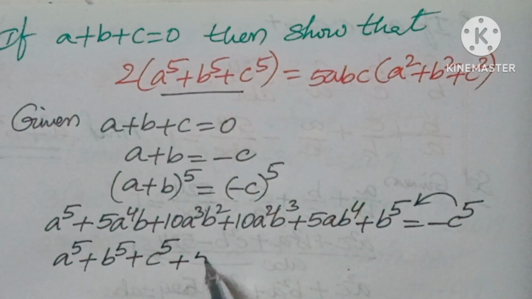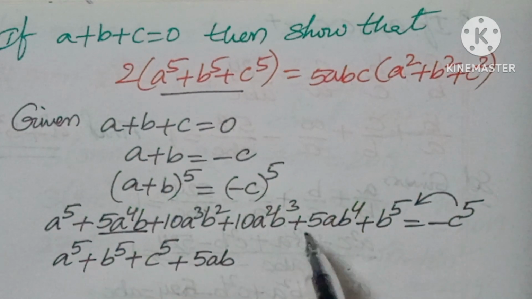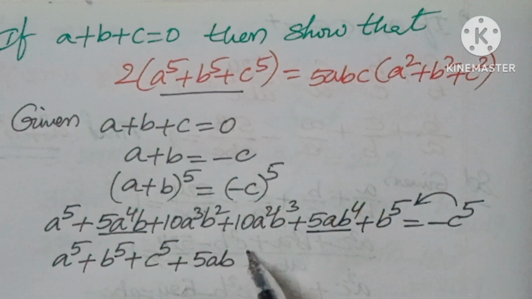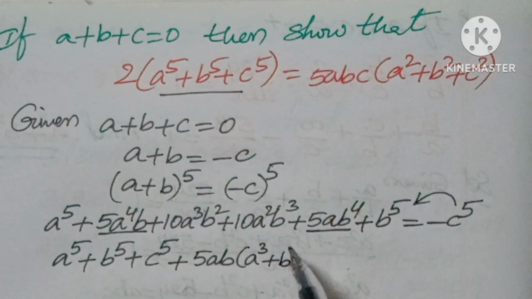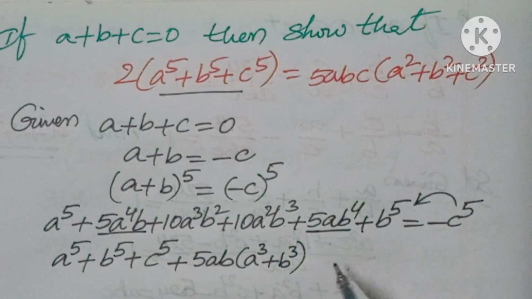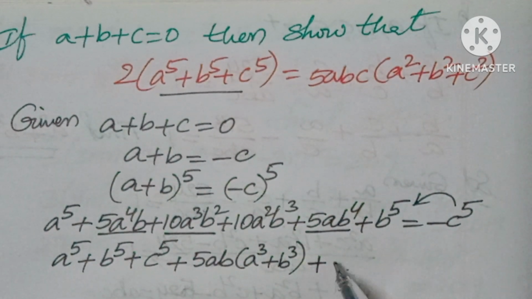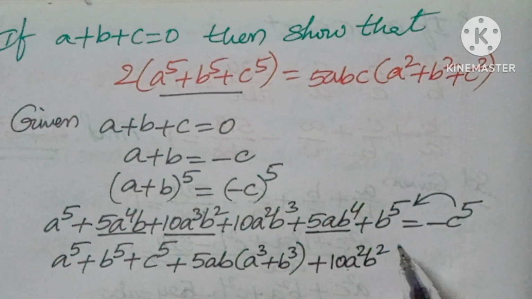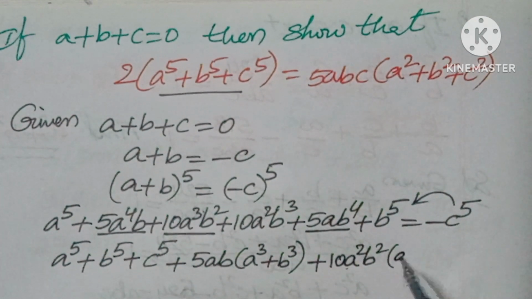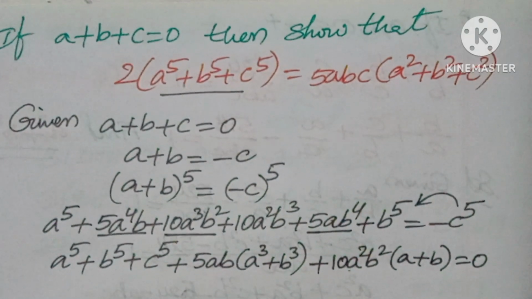Plus, taking 5ab common here and here, 5ab common will get a cube plus b cube. Now taking 10a square b square common in the remaining two terms, 10a square b square into a plus b is equal to 0.